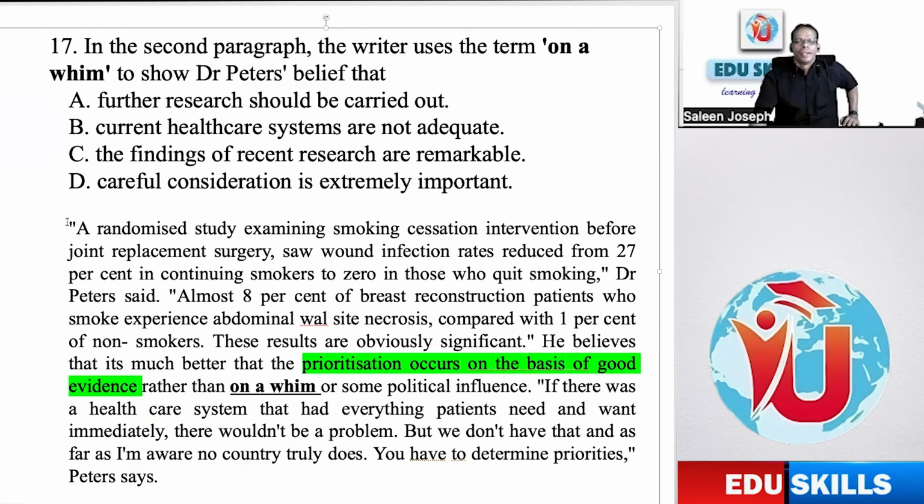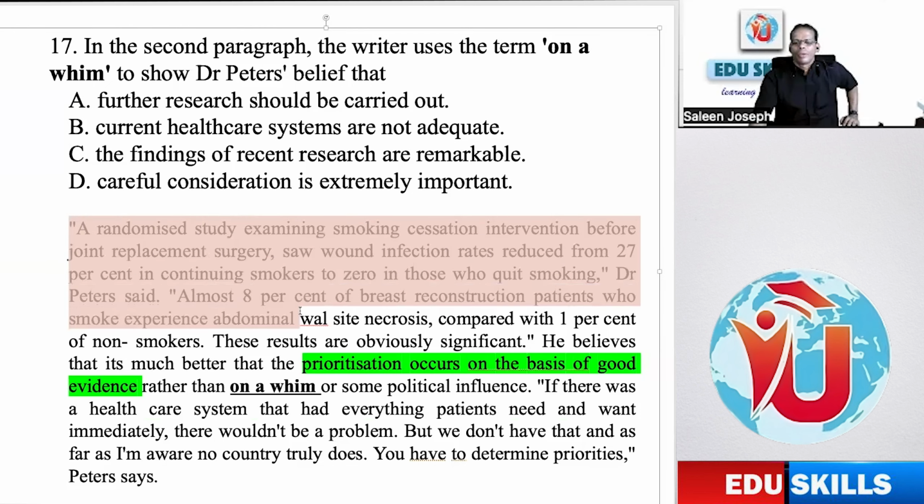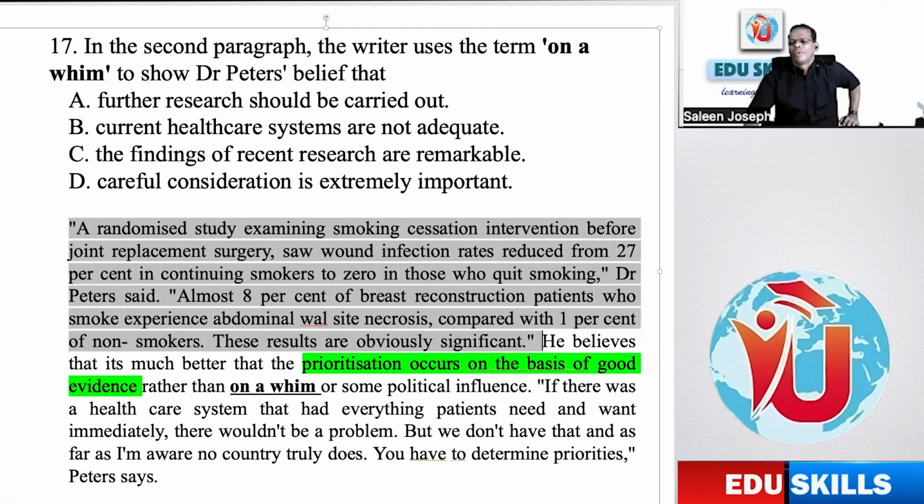No, Father, this portion is not important here. Even in the previous answer, you have to concentrate on paragraph structure. Here, the only thing you can understand is examining smoking cessation intervention before joint replacement. That's the only thing you can focus on in that part.